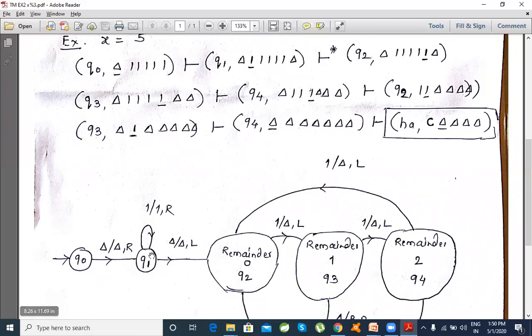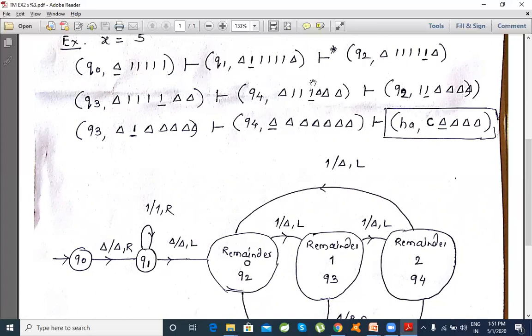Now from Q1, I want to go across the input and try to find the last null which is available. So for every one which is available on the input, we'll replace it as it is and move towards the right, and this will continue till the last null we encounter on the tape.